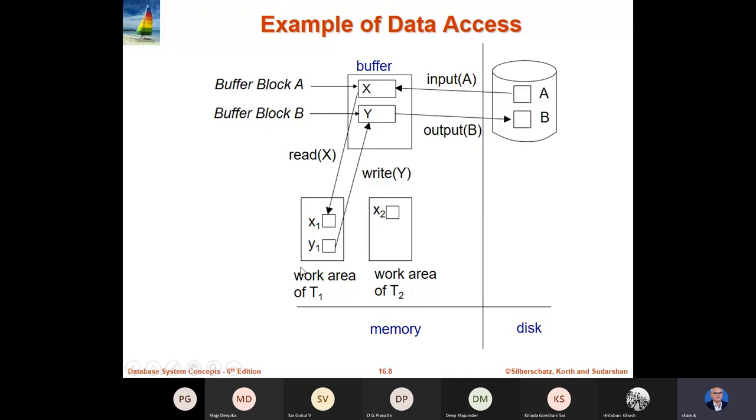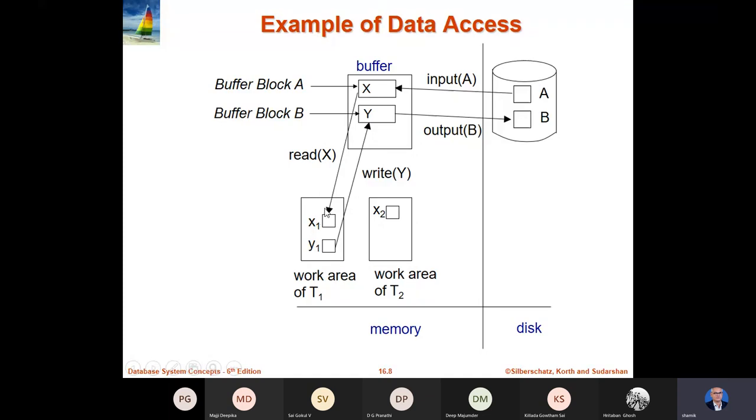If T1 is reading X, as you see, read X, what happens is that if X is in block A, and this block A is already in the buffer, the value of X will be available here in T1.